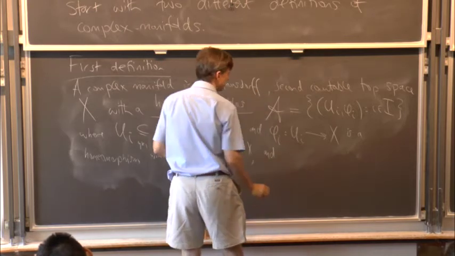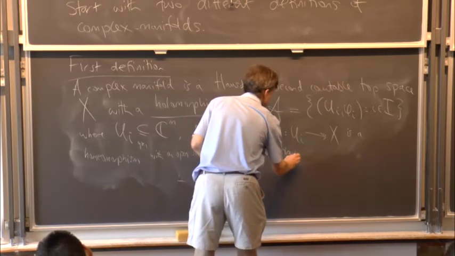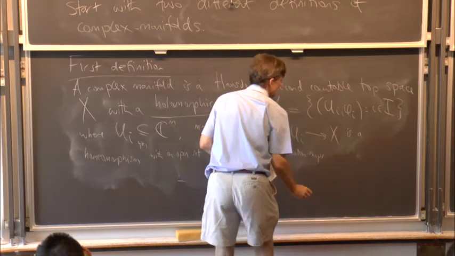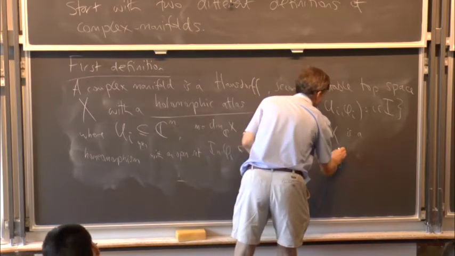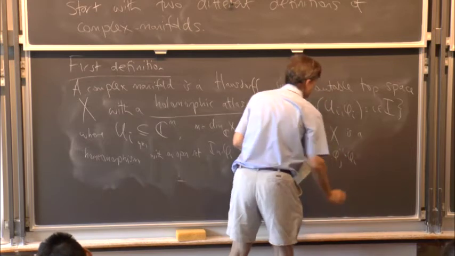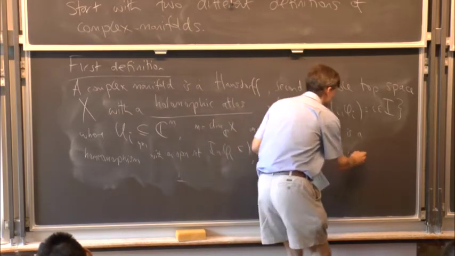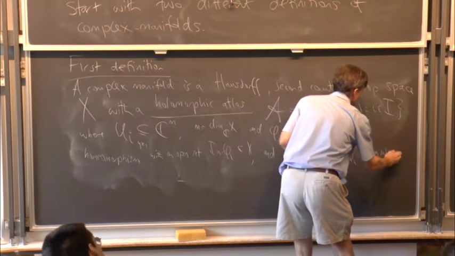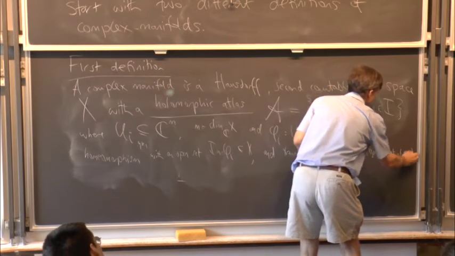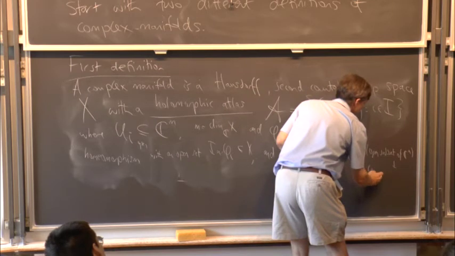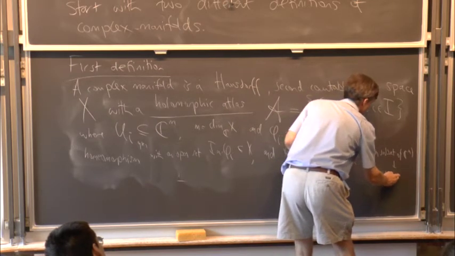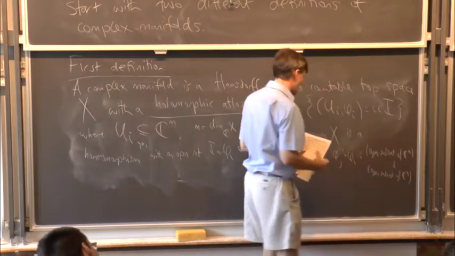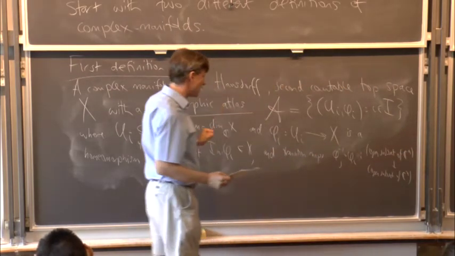And the transition maps, so phi_j inverse of phi_i, which now map from some open subset of C^m into a different open subset of C^m, basically the largest subsets on which the transition map can be defined.